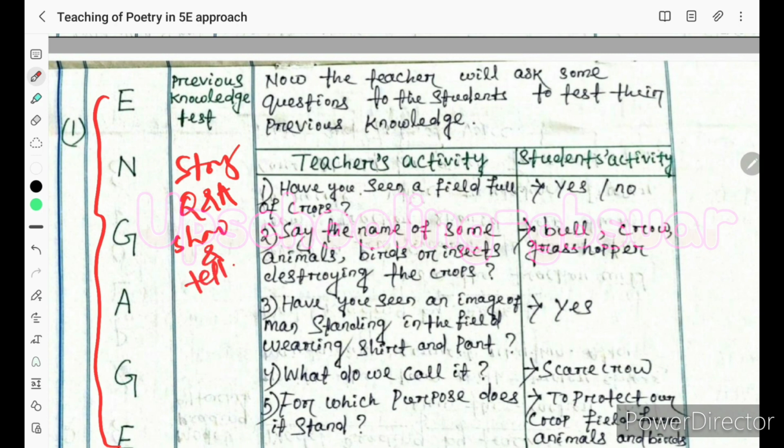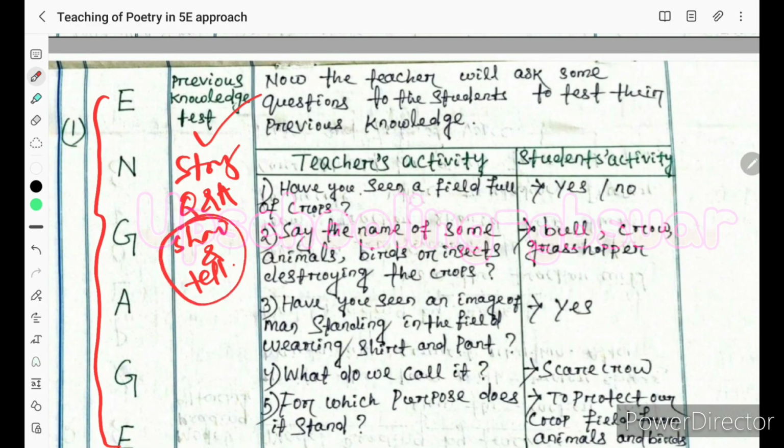According to my topic, I have to engage the students by testing their previous knowledge and by showing the model. To test their previous knowledge, I have prepared 5 questions, out of which 2 questions are based on the previous knowledge and the other 3 questions are the leading questions.